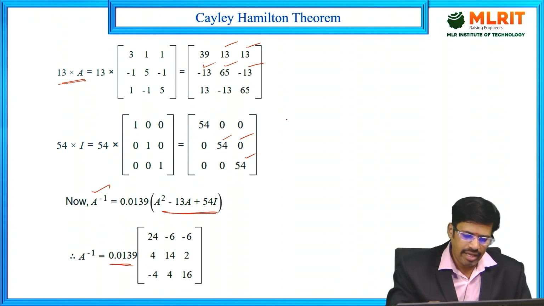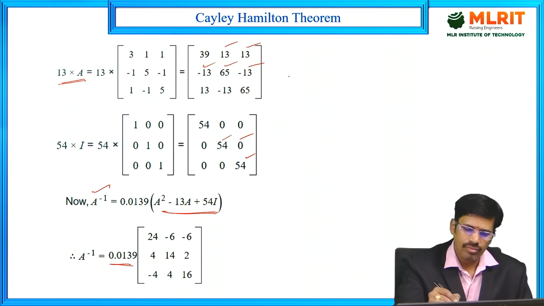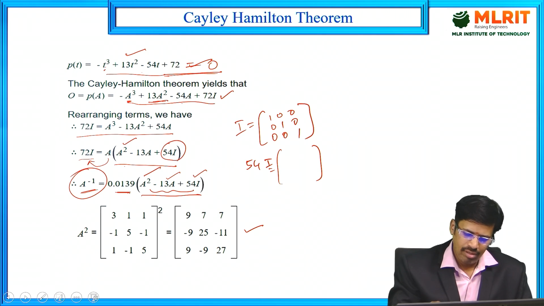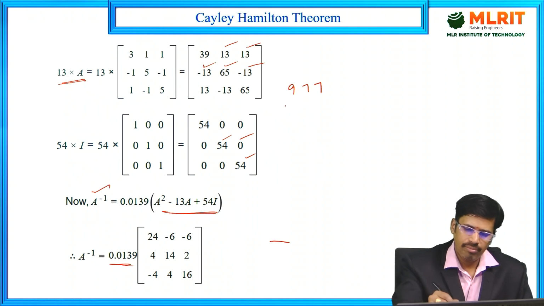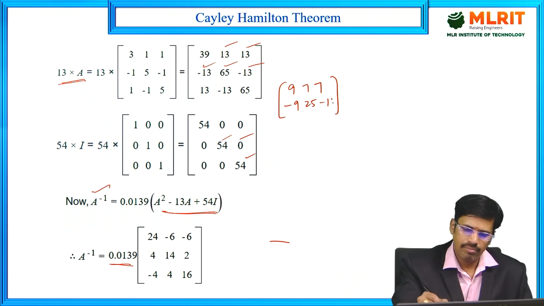Here, what is the A square matrix? It is [9 7 7; -9 25 -9; 9 -9 27].